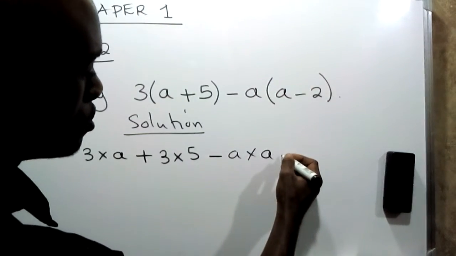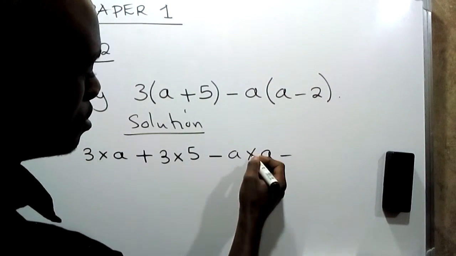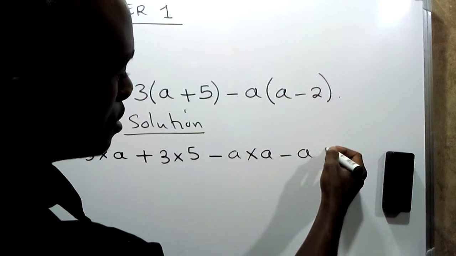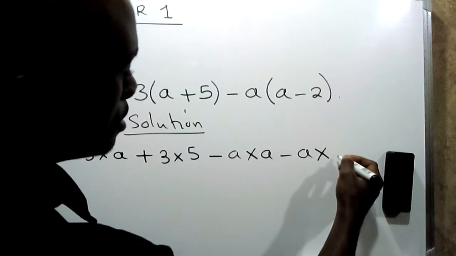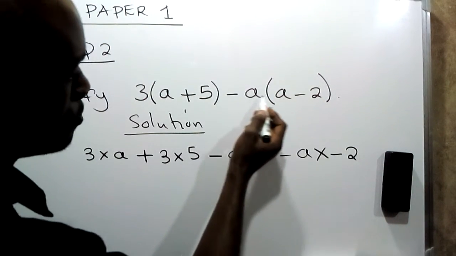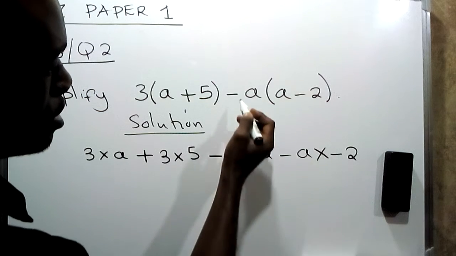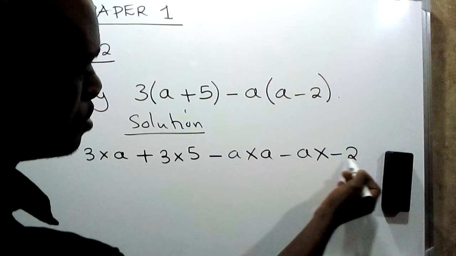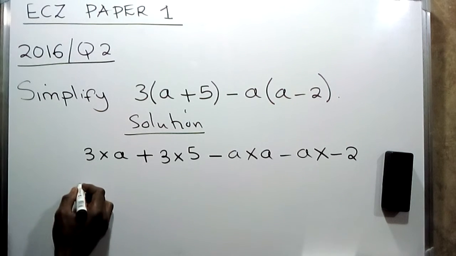So it will be negative a times a, then negative a times negative 2. Now let's see what we are going to have.